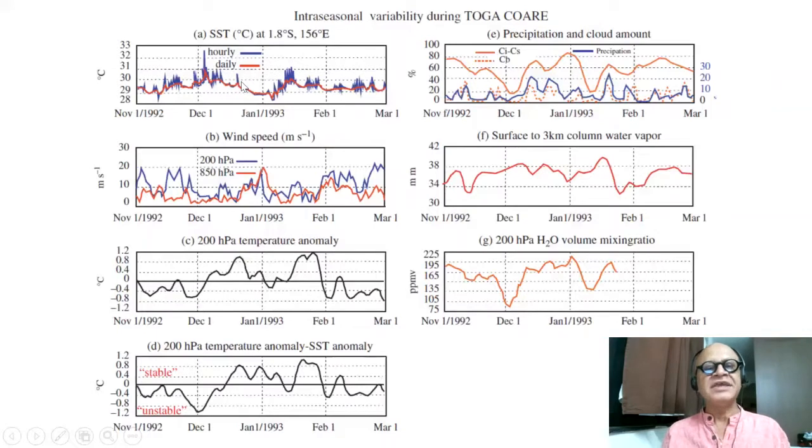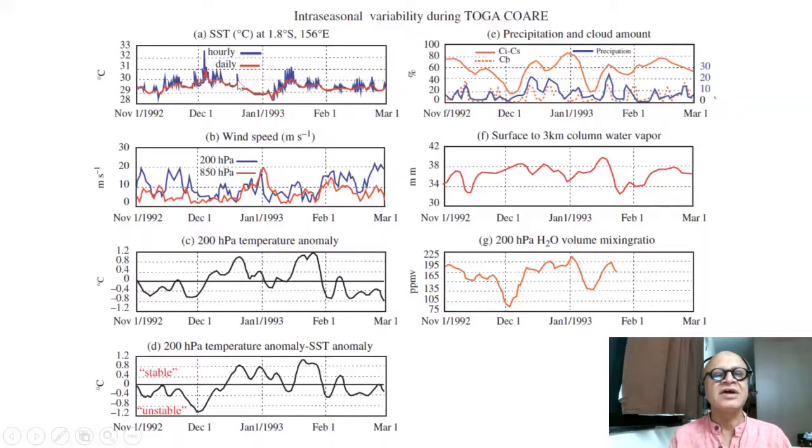But the instability generation is well observed in the TOGA COARE data that we looked at before in chapter 2. So this is looking at synoptic data for a couple of months from 1.8 south, 156 degrees east, so basically in the deep tropical western Pacific.